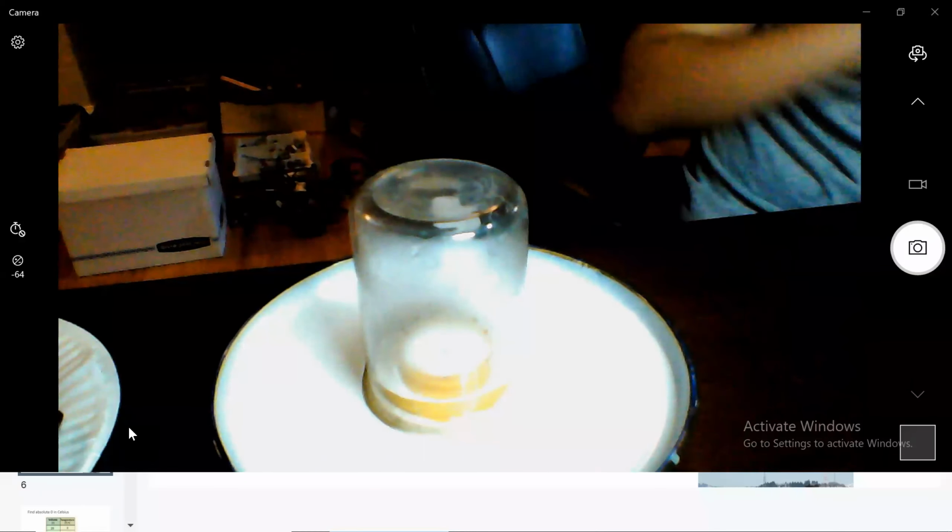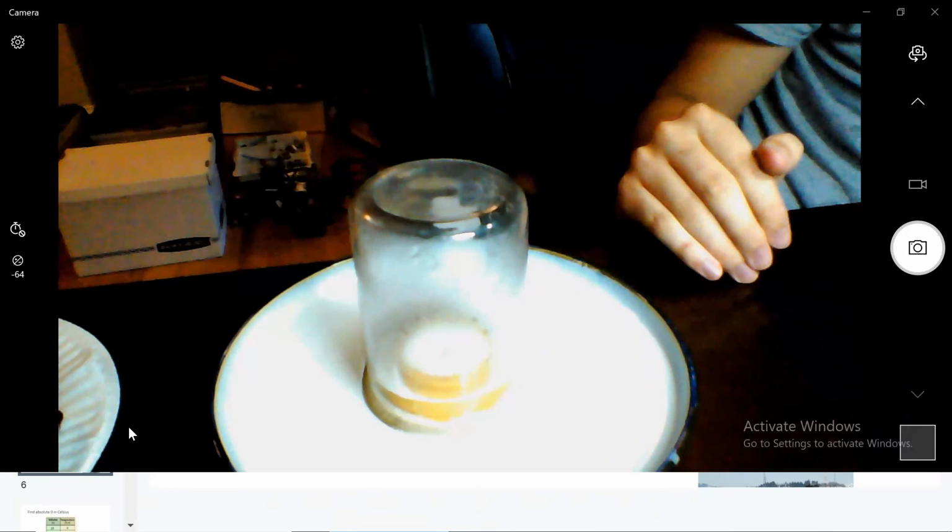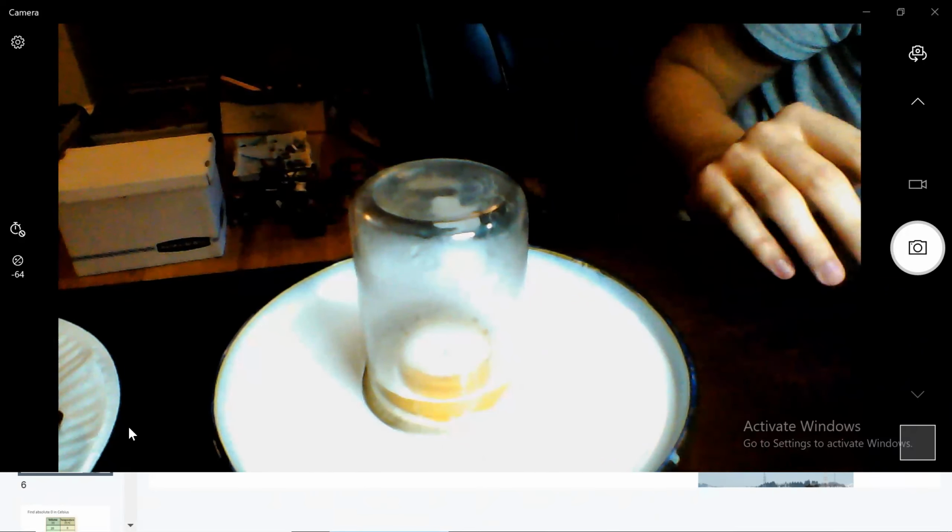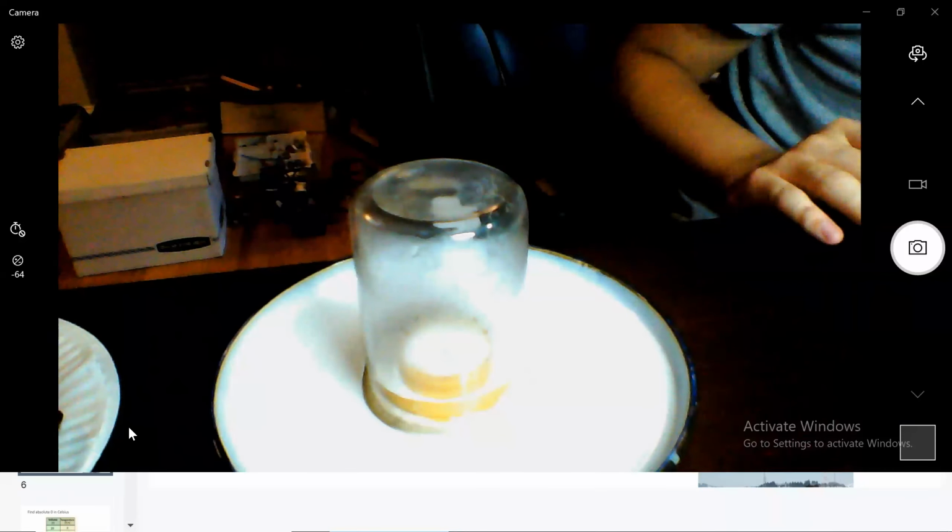So the idea is that when you have a candle burning, remember that temperature is directly proportional to volume. So if the temperature increases, the volume will also increase. At first, when I put the beaker on top of the candle, the beaker is filled with very hot air from the candle, right? Because the candle is heating the air around it and making it very hot.